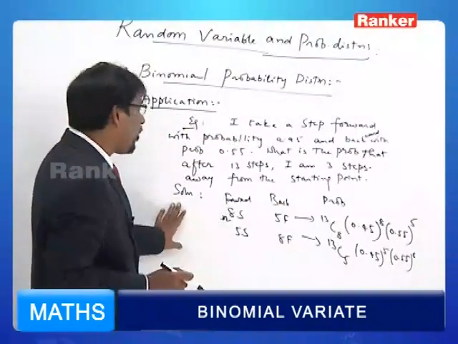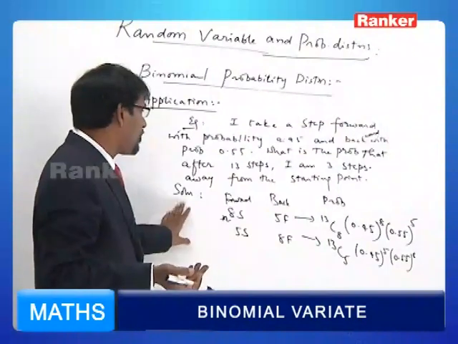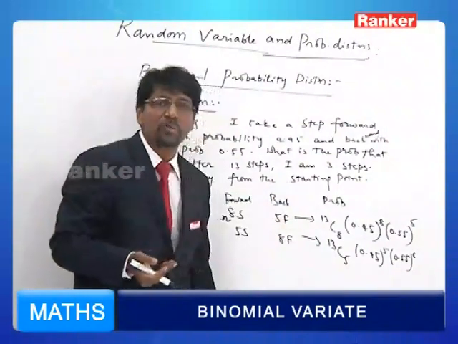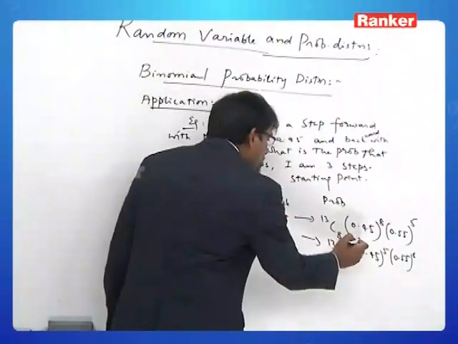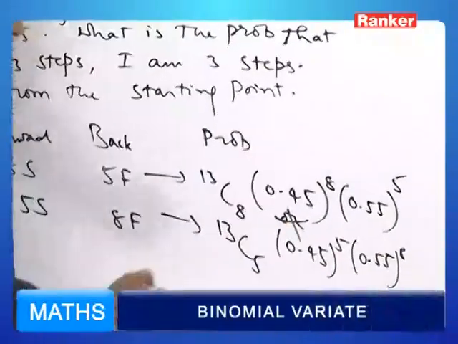So your event of being just 3 steps away from the starting point could have happened either this way or this way. So we have to add up these 2 probabilities.